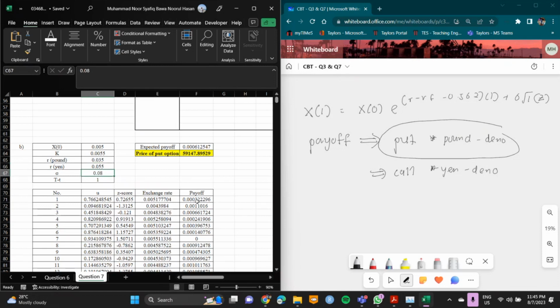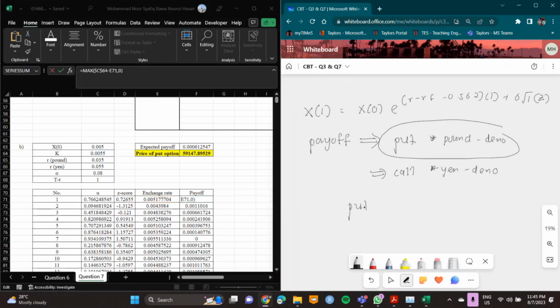So of course, my payoff must be the put option, which is maximum of K minus exchange rate, 0. So I use that formula to find the payoff.